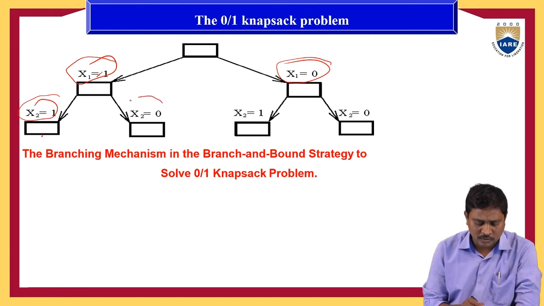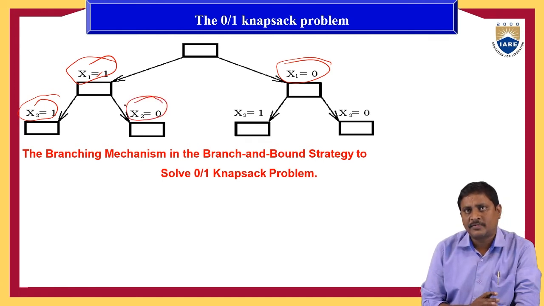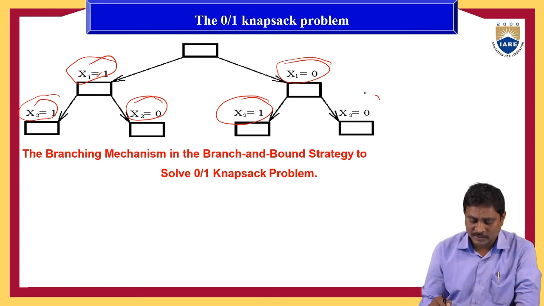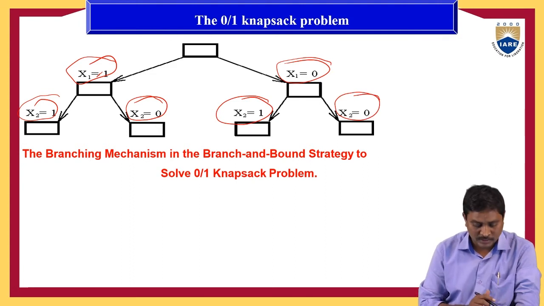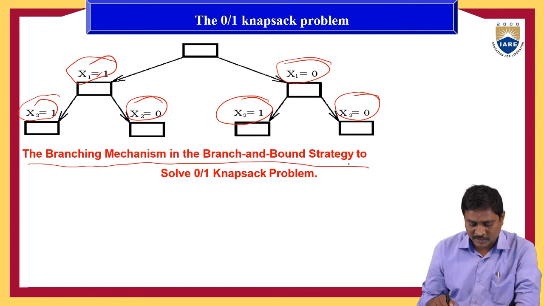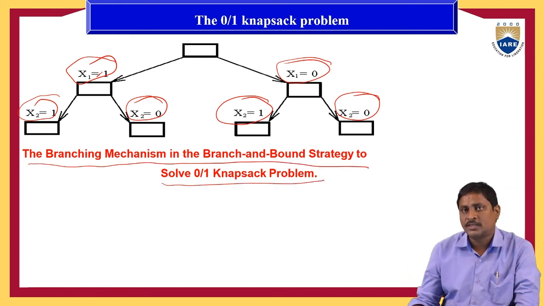If x2 equal to 0, we are not inserting that weight value into the bag. Similarly, on the other branch, x2 equal to 1 means we insert the second weight value into the bag, otherwise x2 equal to 0 means we are not inserting it. So this is the branching mechanism in the branch and bound strategy to solve the 0-1 knapsack problem.